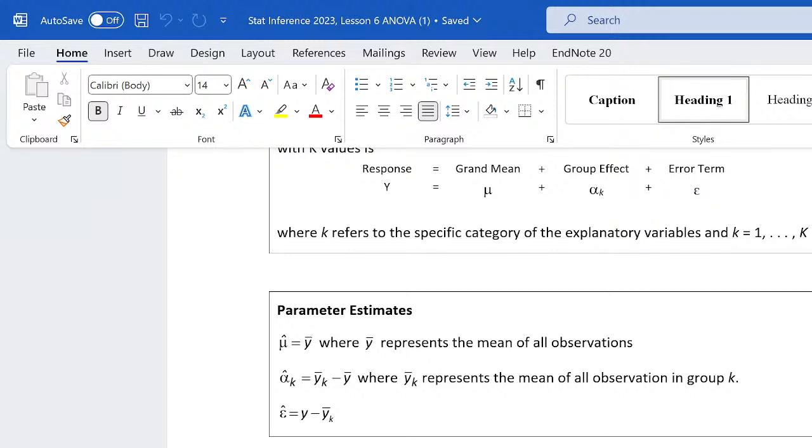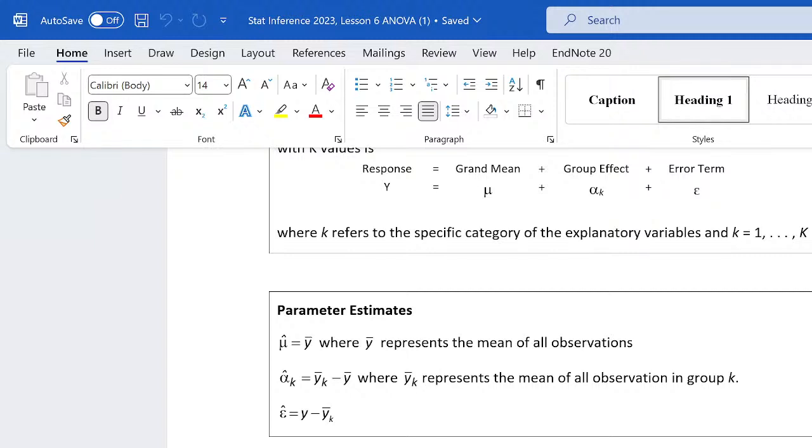Check it out: that cancels with that, and this cancels with this, and you're left with y. So it kind of worked backwards. I started with this and showed you that it equals y. That is how we break it down.